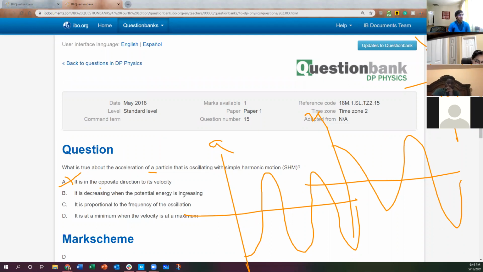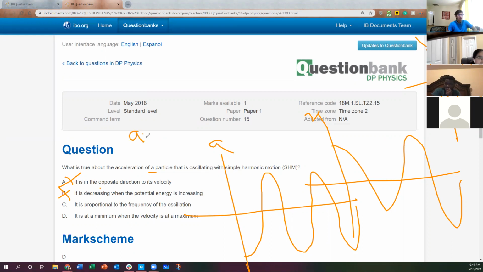It's decreasing when the potential energy is increasing. If potential energy is increasing, then kinetic energy is decreasing. So that doesn't have any connection. B, they don't really connect. Okay, proportional to the frequency of the oscillation. Is that true?